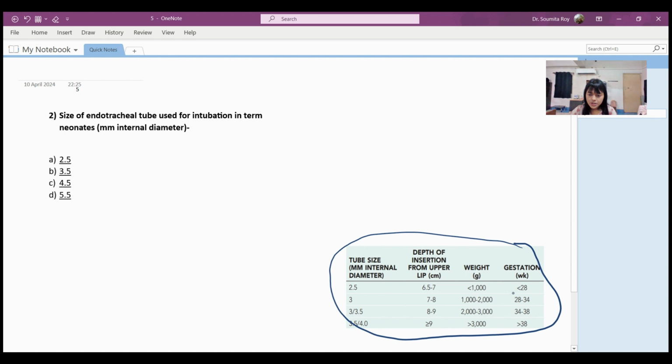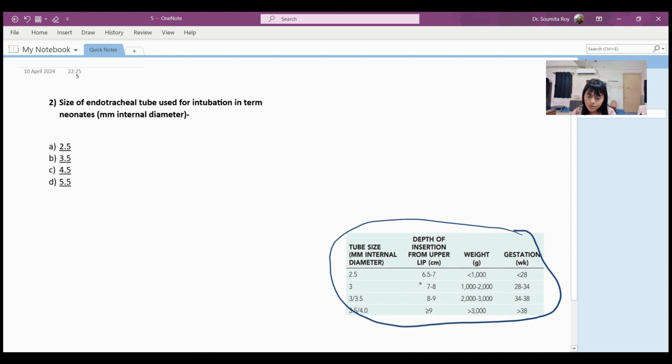Below 28 weeks, or if the neonate is less than 1 kg, then we will use 2.5. Next, from 1 to 2 kg, we will use size 3. From 2 to 3 kg, we will use size 3 or 3.5. And more than 3 kg, we can use 3.5 or 4.